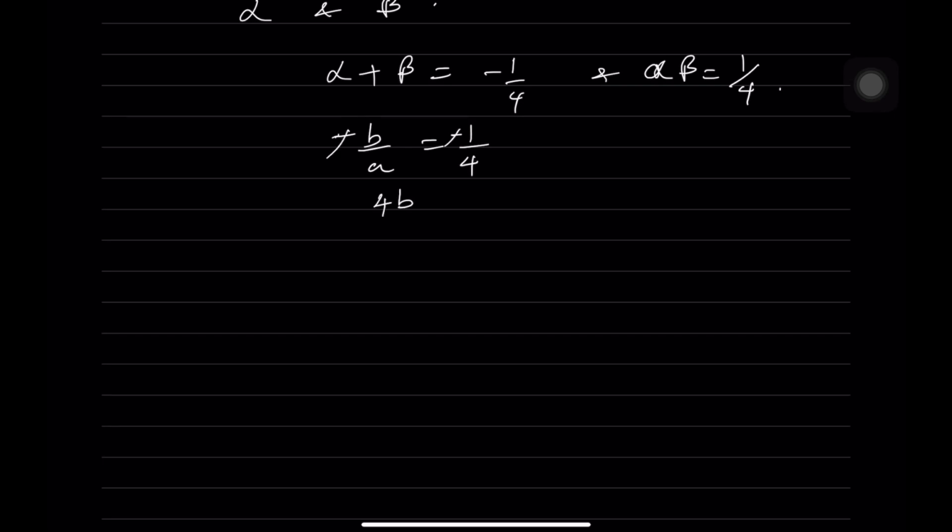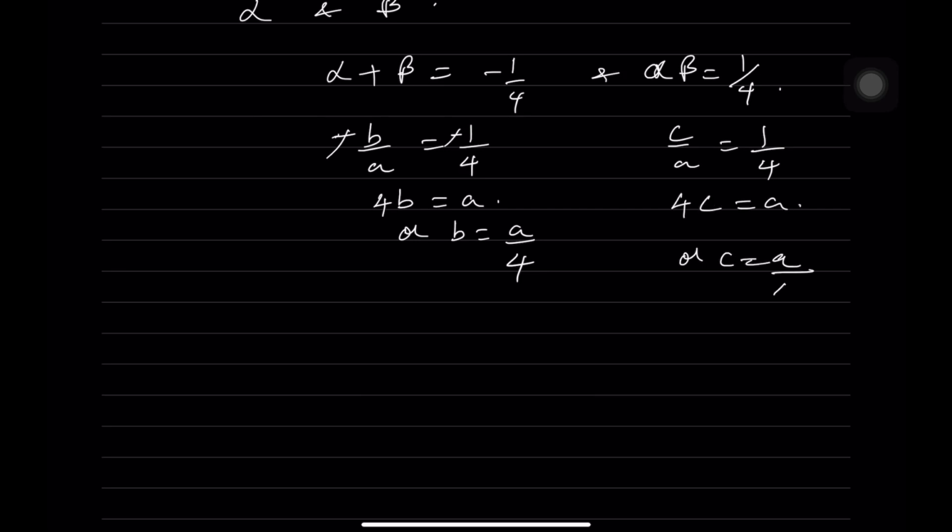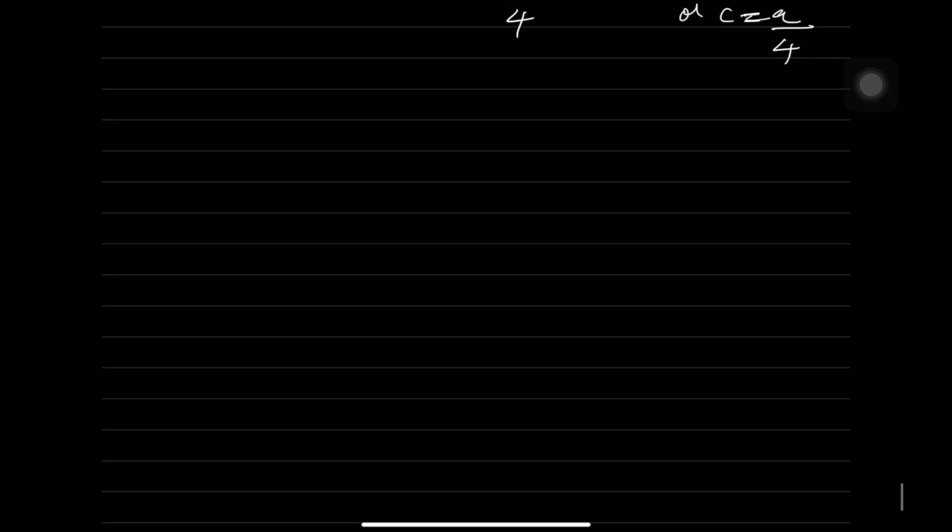Minus minus get cancelled. So 4b is equal to a, and alpha into beta is equal to 1 by 4. So c by a is equal to 1 by 4. So 4c is equal to a, or c is equal to a by 4. So now if we take a is equal to 1, b is equal to 1 by 4, c is also equal to 1 by 4.